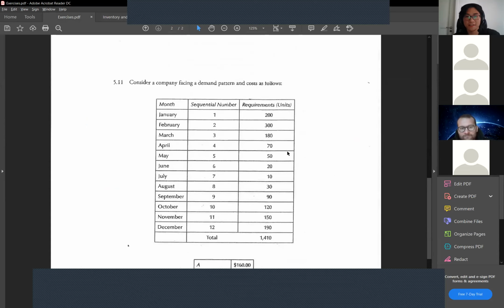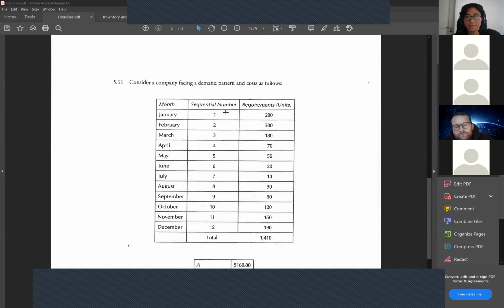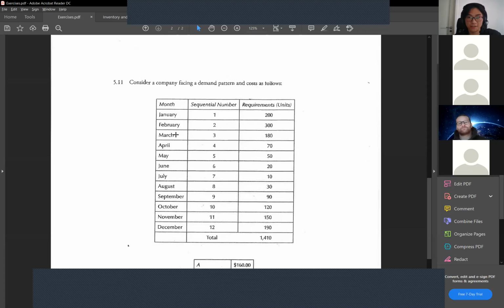But just to give you an example, I'm just going to calculate it the hardcore way, just calculating the first t. Our first cost is just the order cost, which is 160.